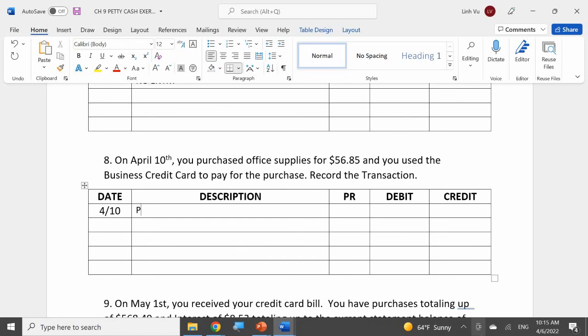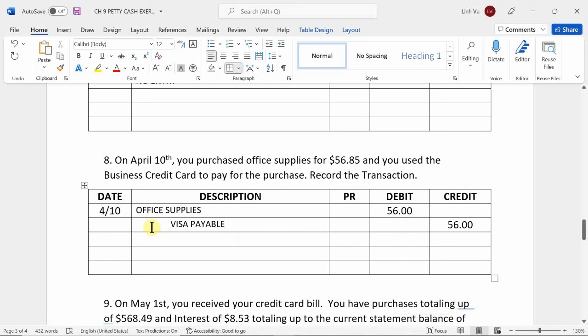You bought office supplies? Good. For $56. Okay. And how did you pay for it? Credit card. You used your credit card. So in this case, we're going to be using an account called Visa Payable, right? Because it's a liability, right? You owe it. I'm using my Visa because that's what my business credit card is. It's a Visa Gold card. So Visa Payable is going to be the account. Good.